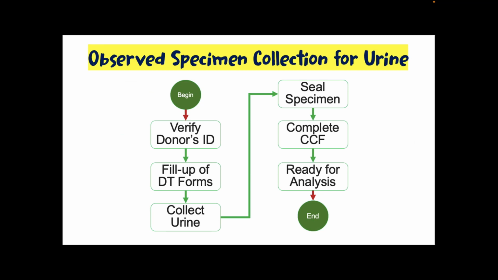So it starts with the verification of the donor's identification, and the donor and also the collector will fill up the drug testing forms, and then with the help of the ASC, the donor will collect urine sample, and also the collector will seal the specimen in the presence of the donor, and the CCF will be completely filled up, and now the drug analyst is now ready to analyze the specimen as long as the specimen has passed the validity test.